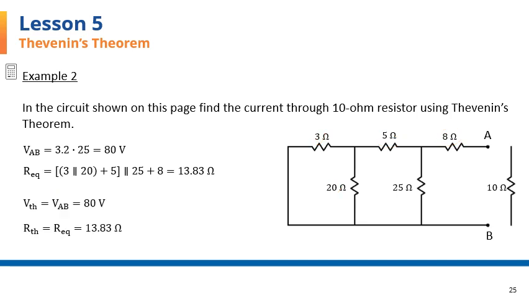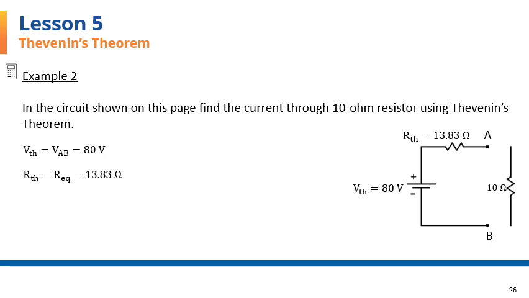All that's left to do now is to put the RTH in series with the voltage source VTH, which is done on this page. And this is our Thevenin equivalent circuit.